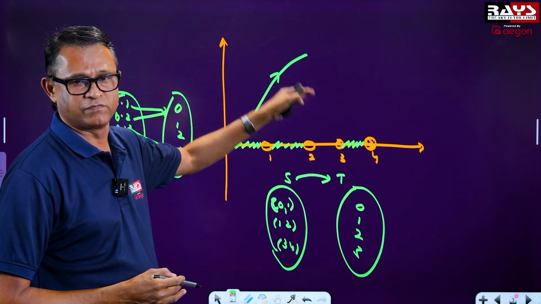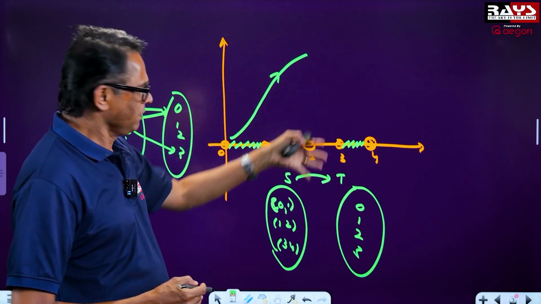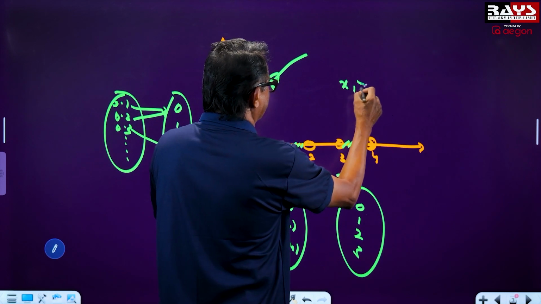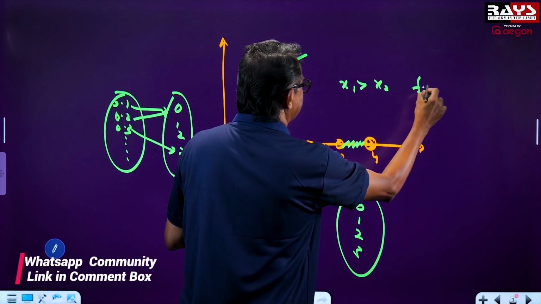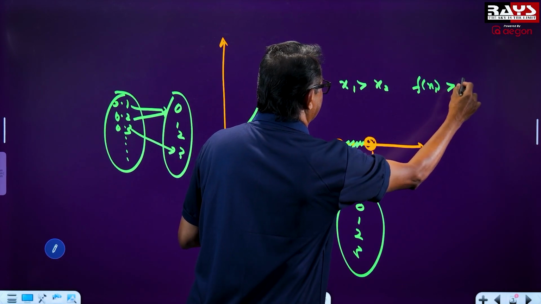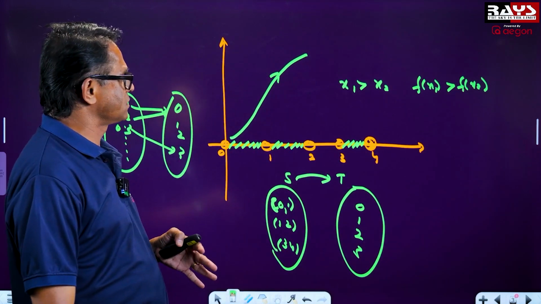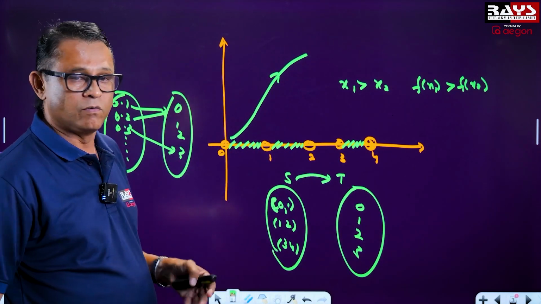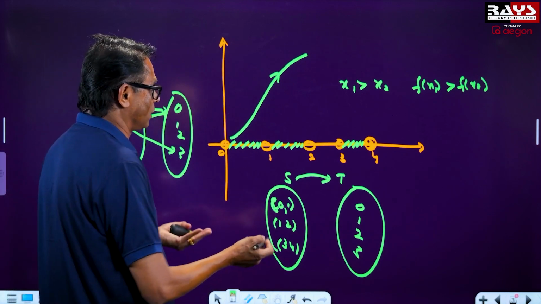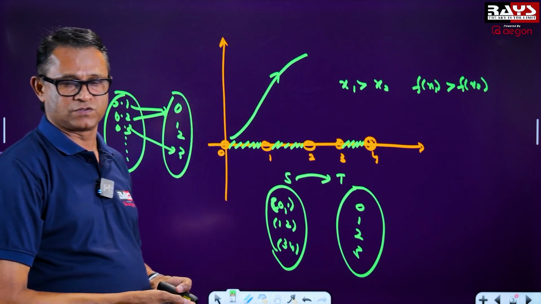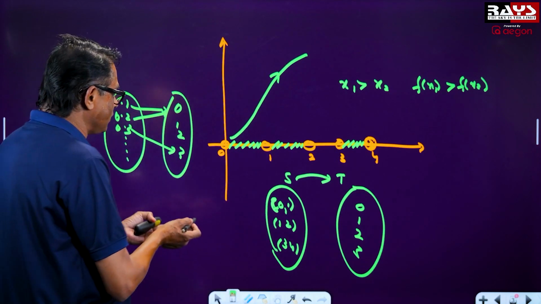A strictly increasing function means that for x1 greater than x2, f of x1 is greater than f of x2. That means for different values of x there will be different images, and when x increases, the y value also should increase. But unfortunately, what happens?